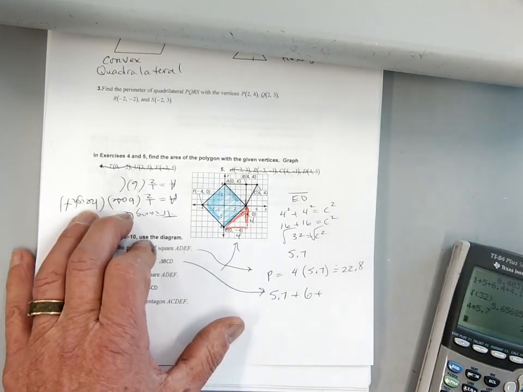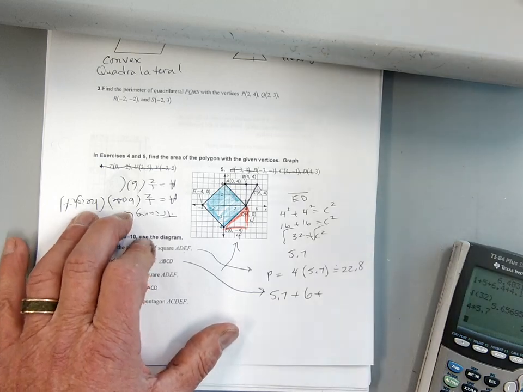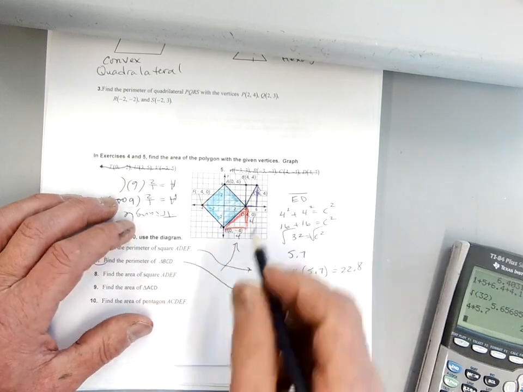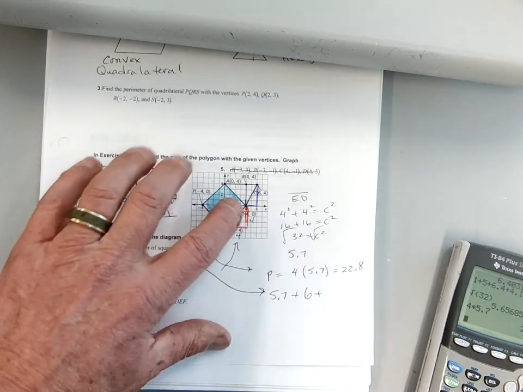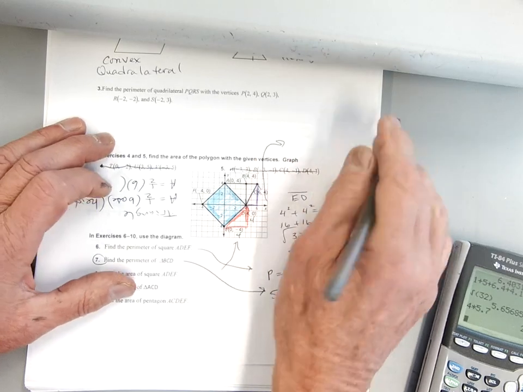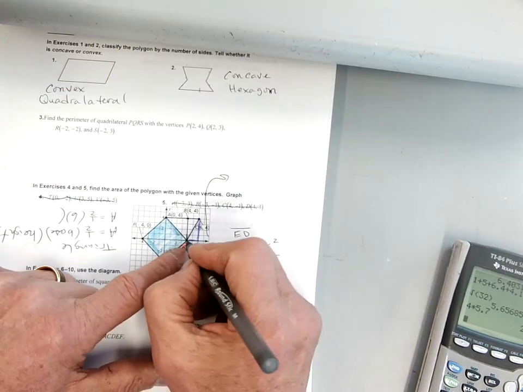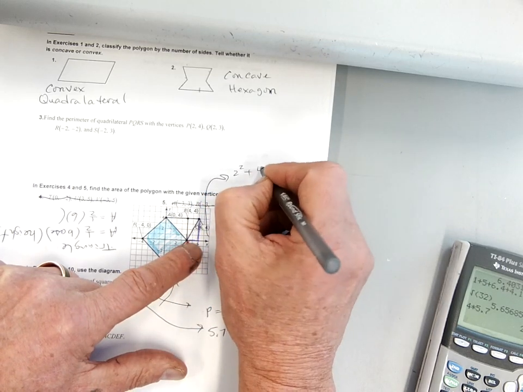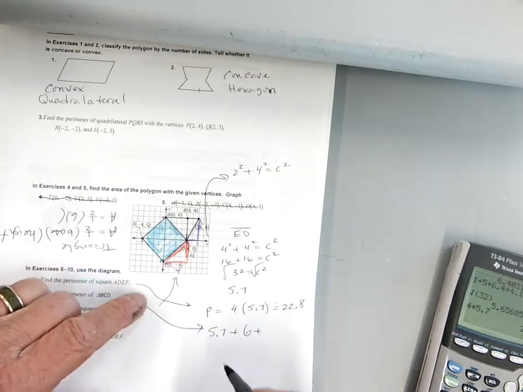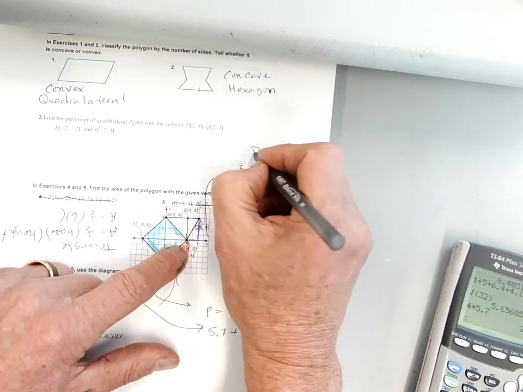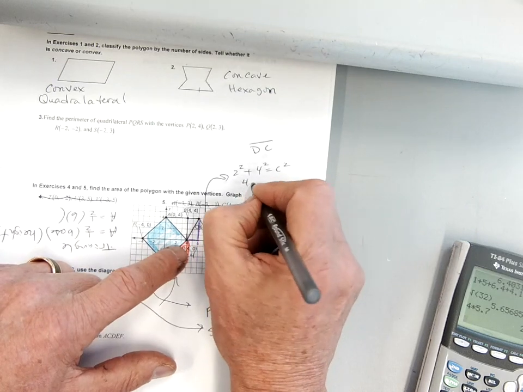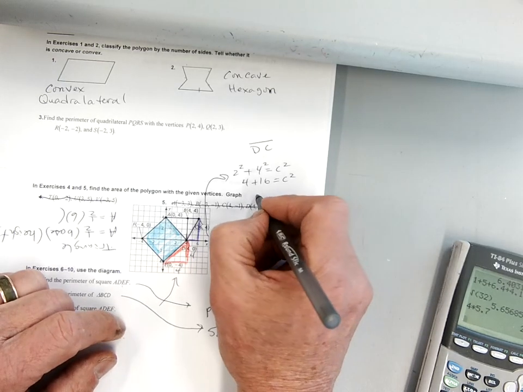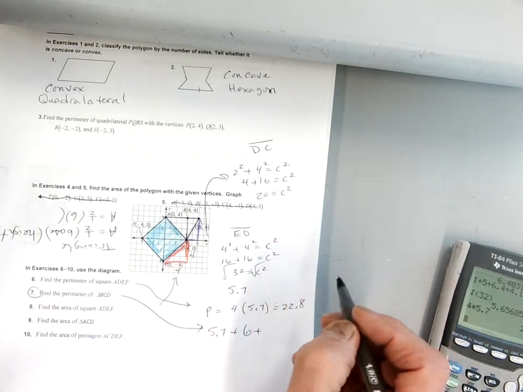Okay, I'm going to get another color up here. Again, do you guys see a right triangle? I just made a right triangle right up there. So if I want that length, I'm going to go ahead and put the work up here. 2 squared plus 4 squared equals c squared for the length of DC. 4 plus 16 equals c squared. 20 equals c squared.